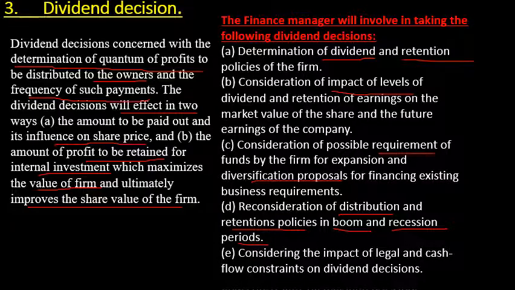Every year that will change, and that change is based on the boom and recession period, or the economic cycle. So it has to be considered whether they are in a boom period or recession period, what the present business cycle is or what may come in the future. Then they have to take the decision of investment.